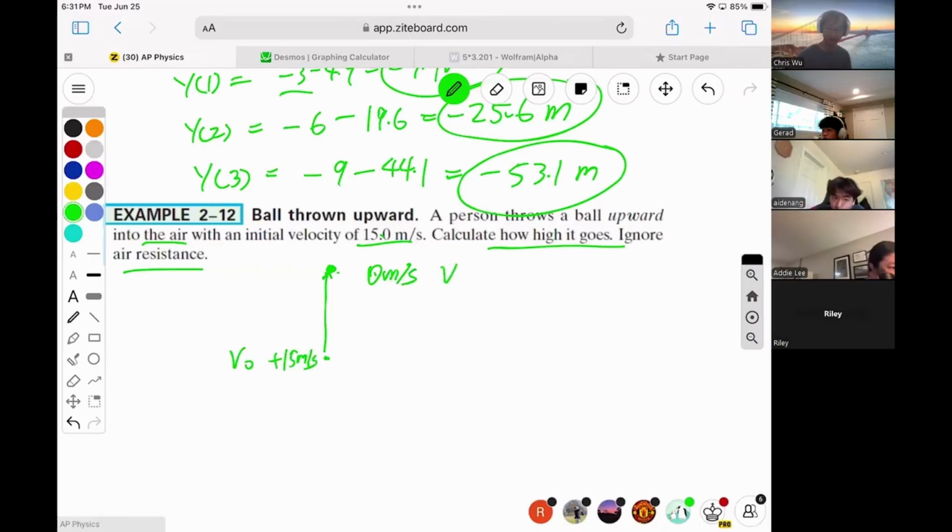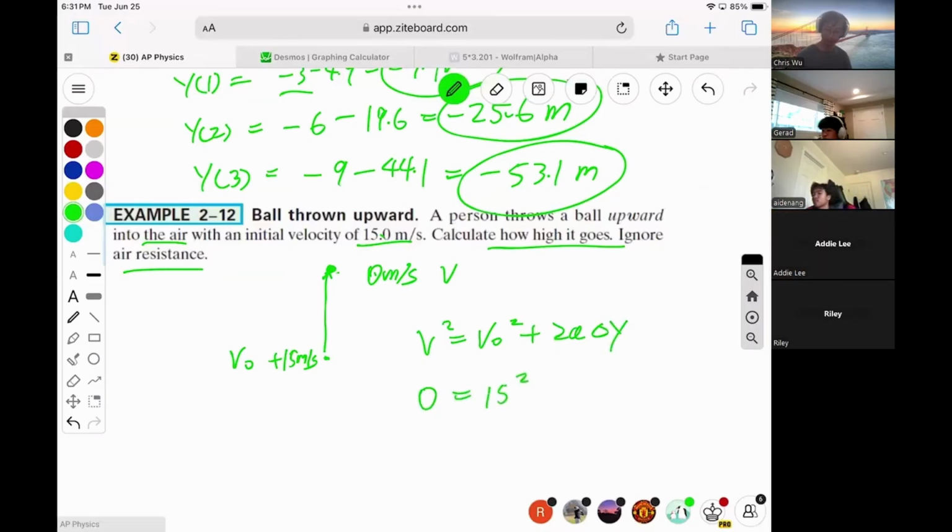In the kinematics equations, I have an equation that doesn't involve t, because here I'm not calculating t and I'm not given t. So let's use that equation: V squared equals V naught squared plus 2a delta x, or in this case, delta y. Plugging in numbers, my V is 0, since I want the ending velocity to be 0. My initial velocity is 15 squared, positive because I'm throwing upwards, plus 2a.